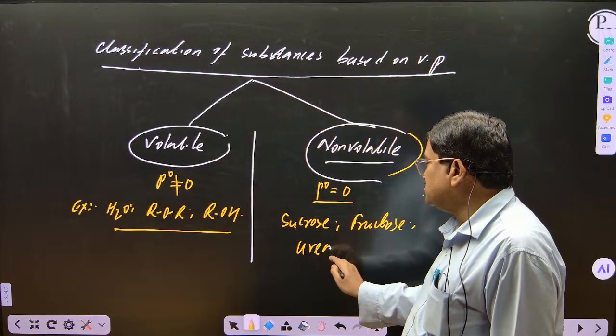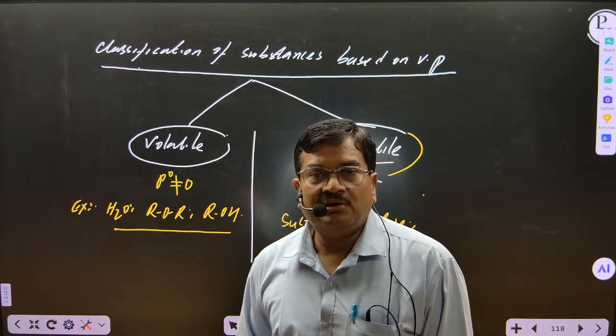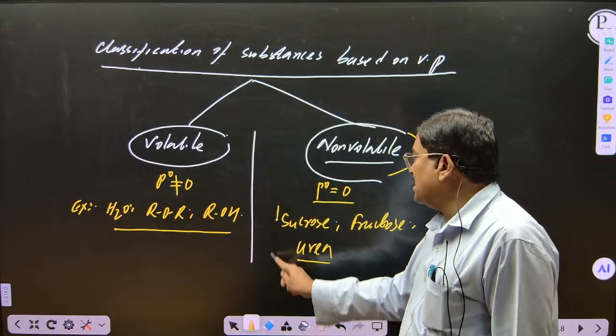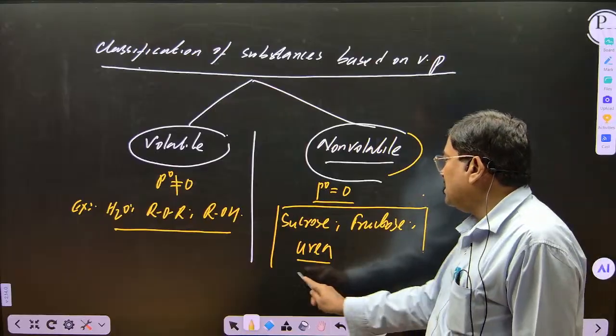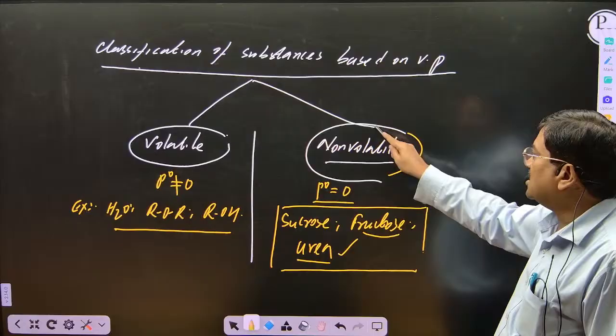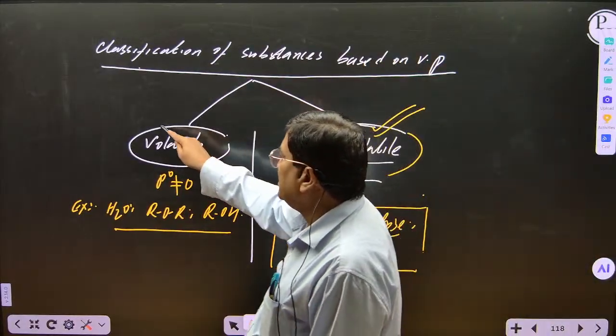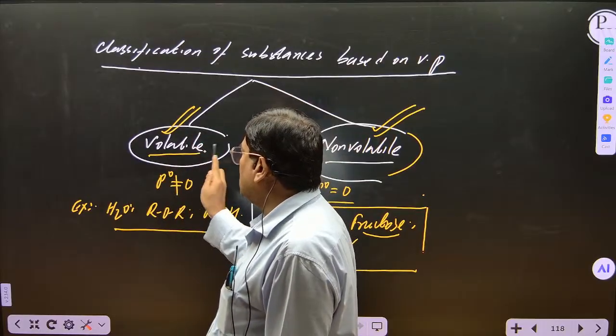These are all solids, no? Will solids have the tendency to convert into vapor? No. So for those substances we call them non-volatile: sucrose, fructose, urea. Such solids are called non-volatile, whereas the liquids that convert into vapor are called volatile. Got the idea, all of you?